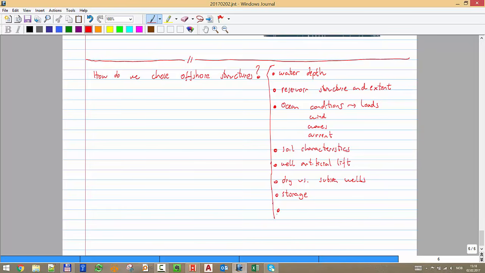And then we have future development plans. Okay, if for example we know in the future we will have to drill more wells, if we will need to drill more wells to maintain plateau or maintain production. Another thing is the availability and also the time, the delivery time.